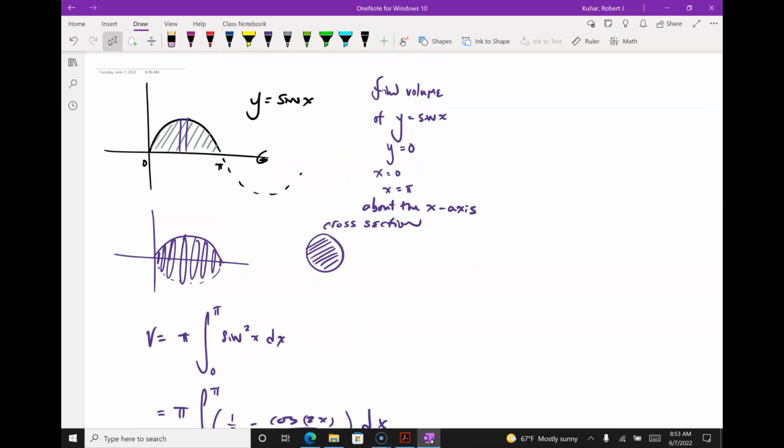That's an interesting problem if I ask you to rotate around the y-axis. So that's what we're going to do now.